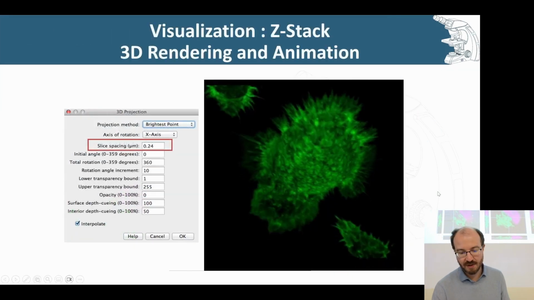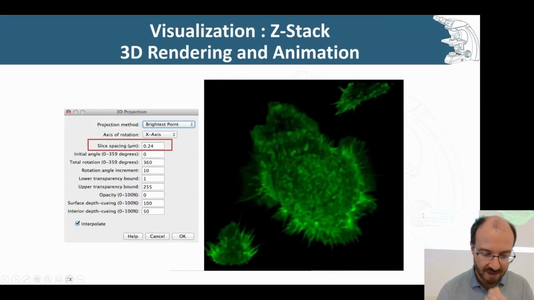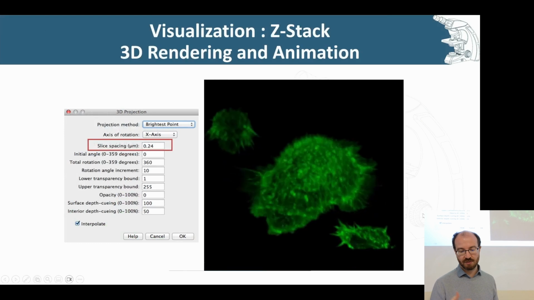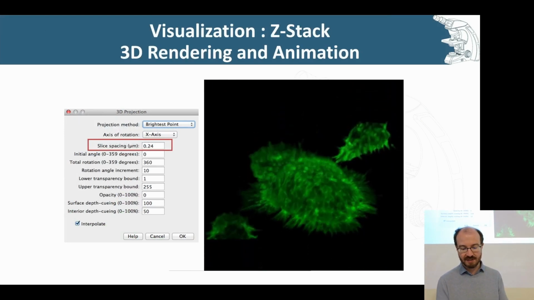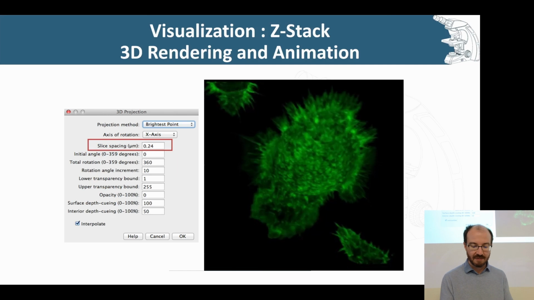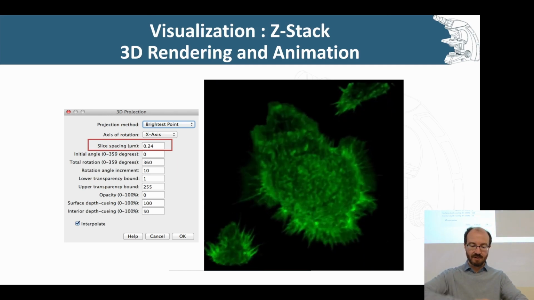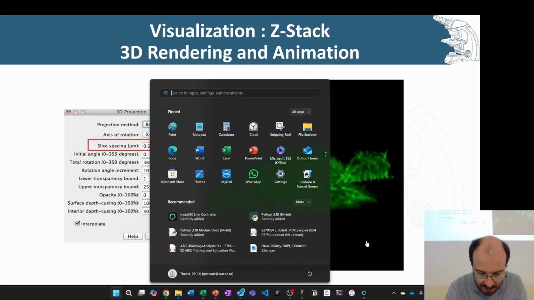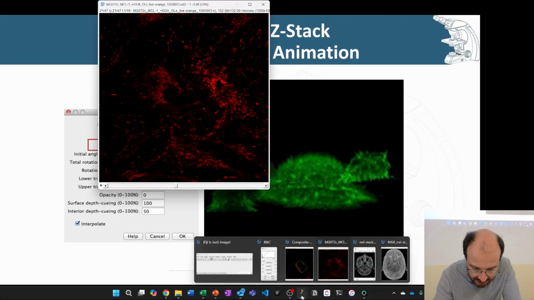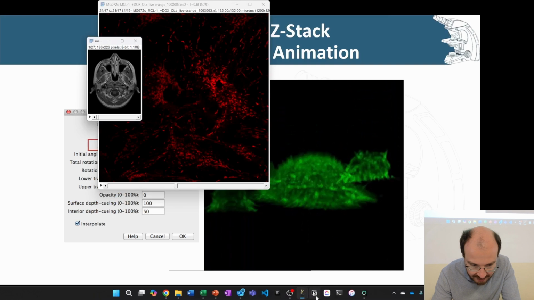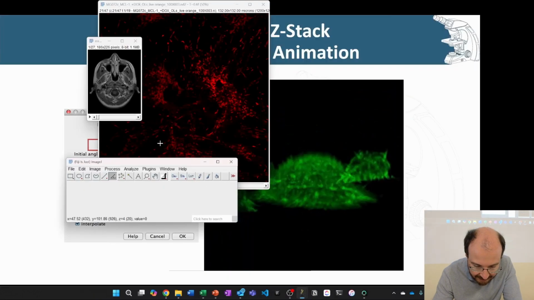There's also a way to visualize it in 3D. So if you, instead of going Z project, you go 3D project, you can create these nice animations. It's basically still a Z stack that you can slide through, but every slice is now a different angle projection. There's also a way to visualize the volume altogether. Let's try with the MRI maybe.